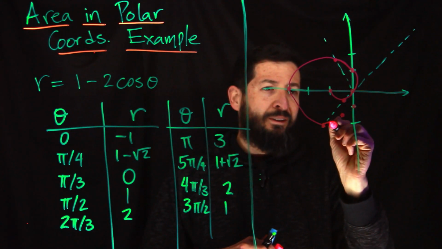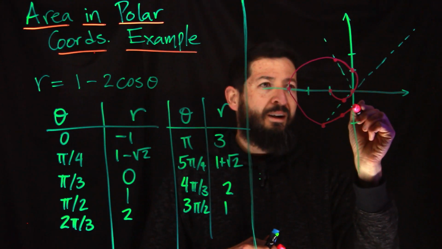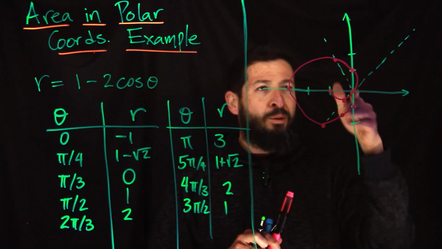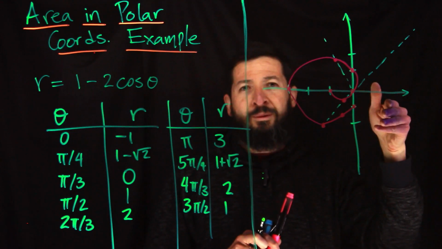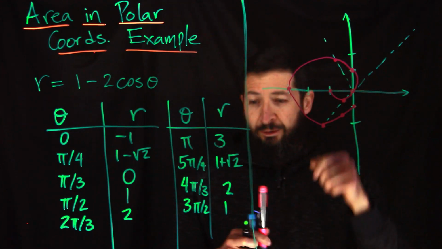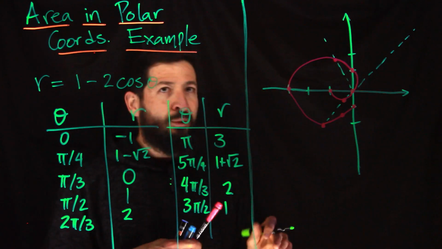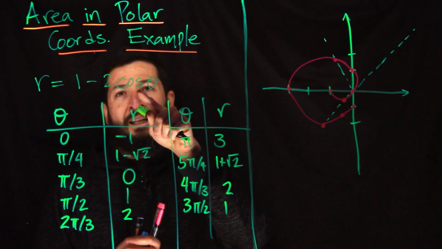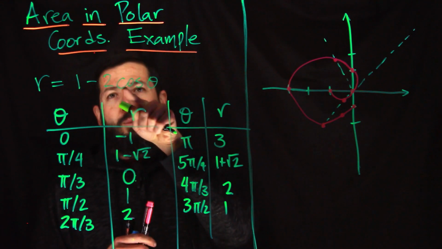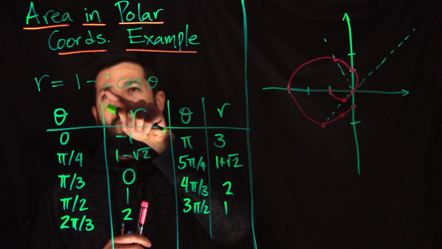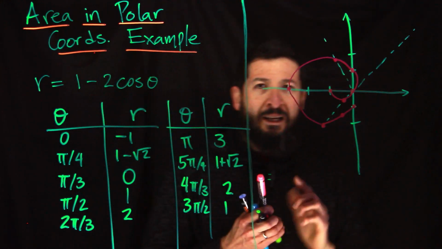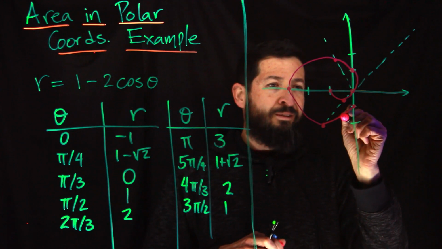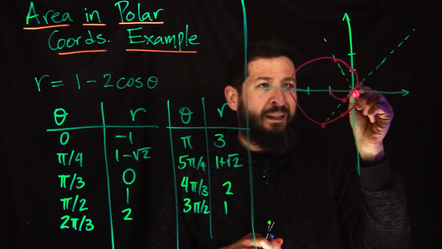All right, and finally, pi over 3 past the 3 pi over 2, or 2 pi minus pi over 3, which is going to be 5 pi over 3. When you plug that one in, the cosine is going to be 1/2, and you're going to end up having 0 when you evaluate it. I don't think I can fit it in my table, but at that angle of 5 pi over 3, you end up here back at 0.